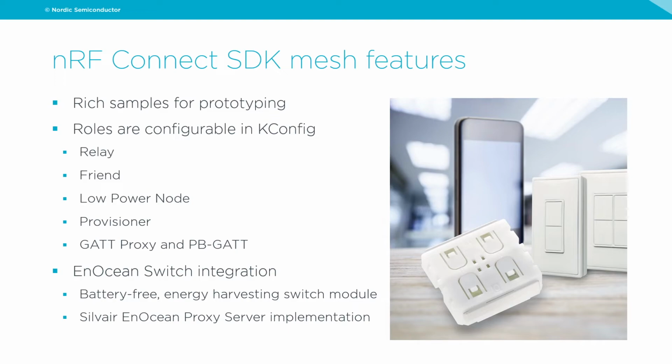And since it doesn't need a battery and you can press it freely, they're quite popular in the industry. And we support it. So this is not Bluetooth Mesh as a technology, but it uses a Bluetooth radio, and that allows us to integrate it.